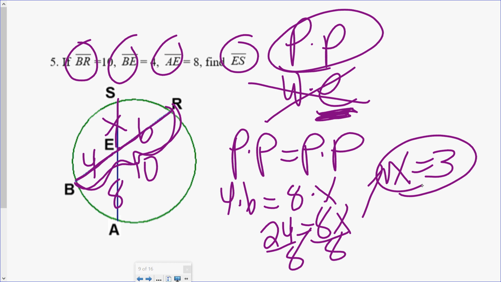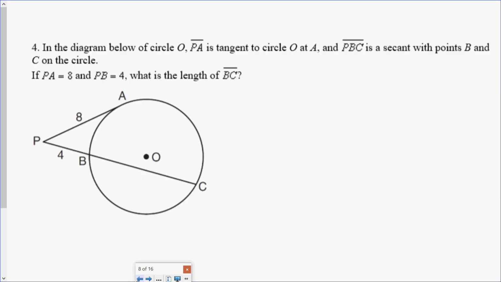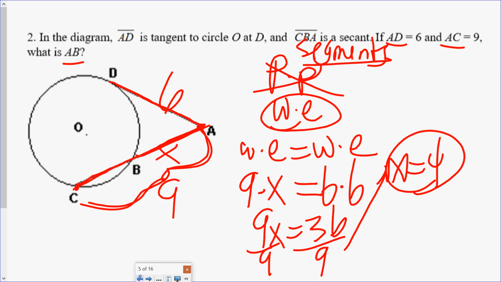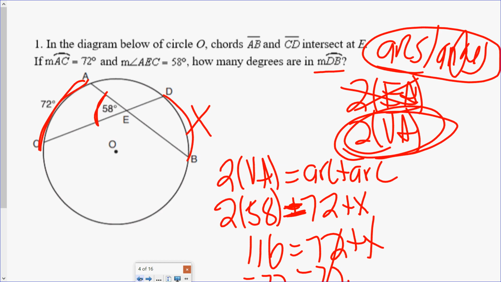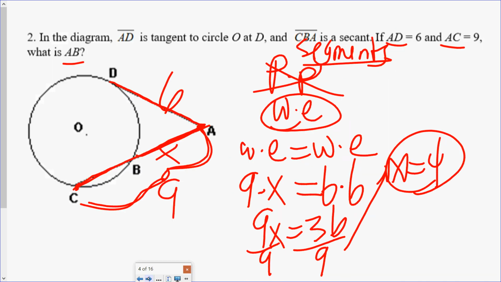I didn't really throw many twists at you on this. It's just about straightforward practice. It's about identifying which rule we're using and then just substituting into it. So again, ask yourself, arcs and angles or segments? This example had arcs and angles. There was nothing exterior, so it's 2VA. This one had segments.